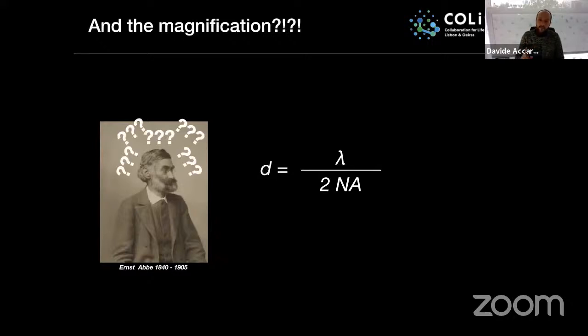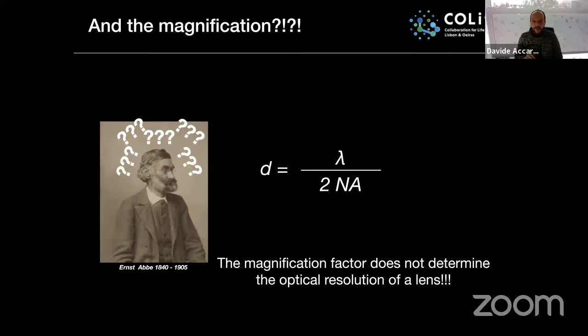But then what about the magnification? Did Abbe forget about the magnification? No, he did not. The magnification factor does not determine the optical resolution of a lens. There is often the tendency to think that bigger lenses are better than smaller or less magnifying lenses, but this is not necessarily true.